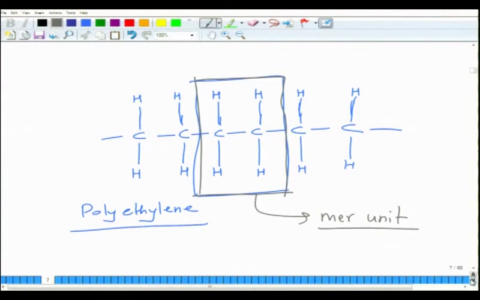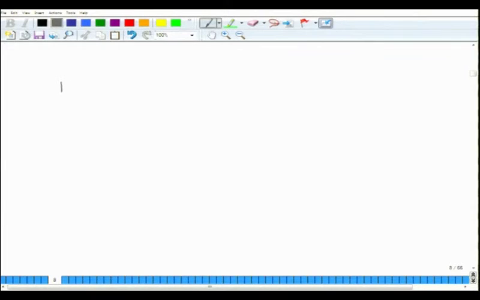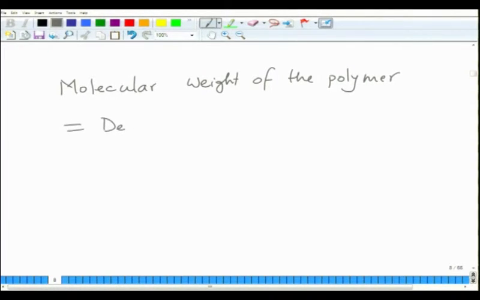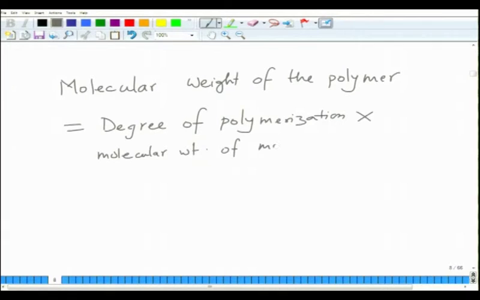So, for a polymer you can define the molecular weight of the polymer as degree of polymerization multiplied by the molecular weight of the monomer.